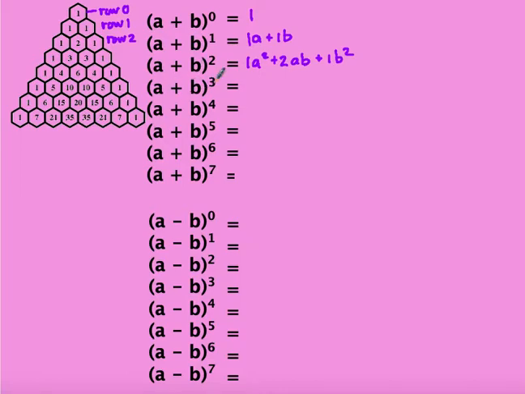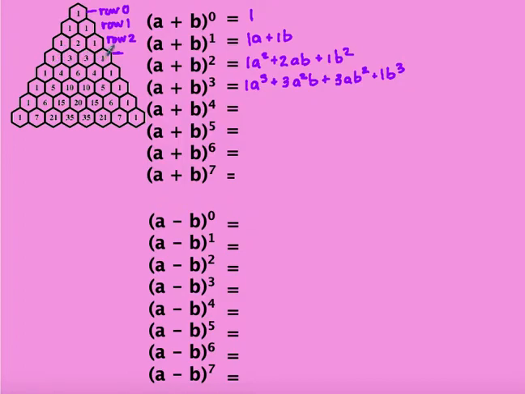So a plus b to the third power, we're going to use this row here. We're going to have 1a cubed plus 3a squared b plus 3ab squared plus 1b cubed. Noticing some patterns here is that I'm always going to have the coefficients that show up in the triangle.